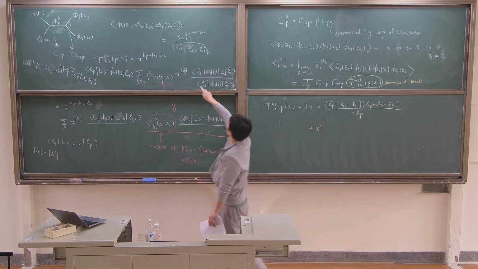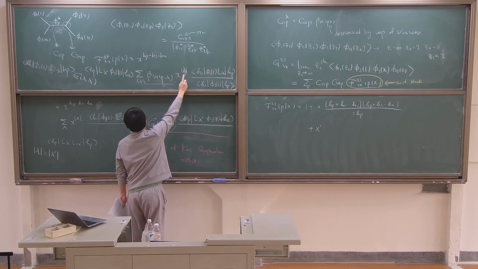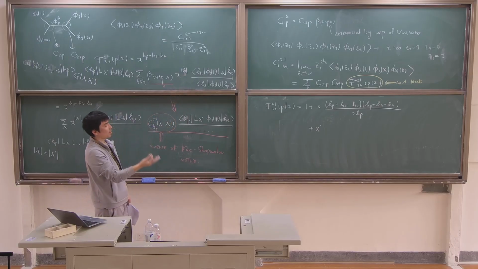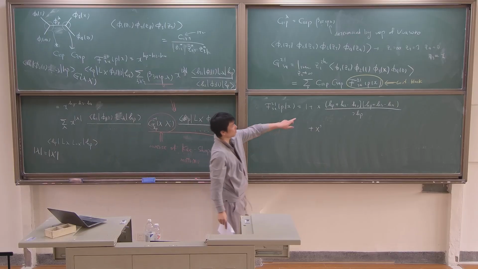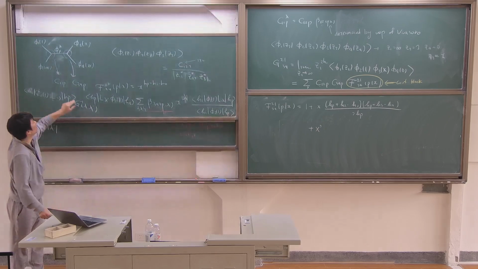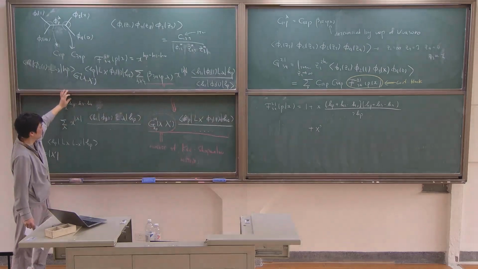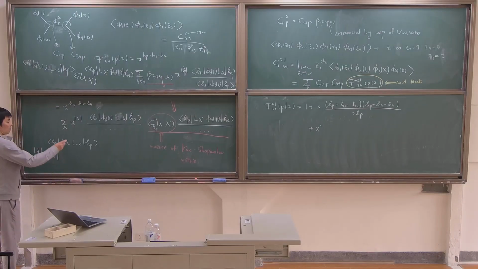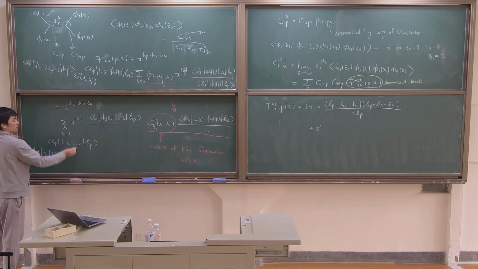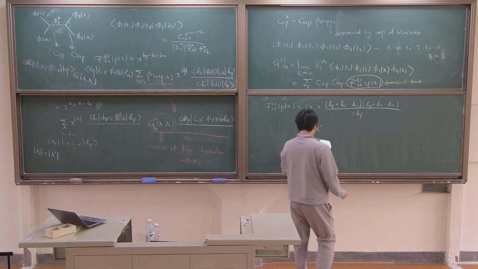So here, lambda is really coming from this. The power here is the level of the descendant you consider in the middle channel. In the case of level 1, it's just a single box, so L1 and L minus 1 appear. And in the case of level 2, it's much more complicated. I'm not going to write it down.